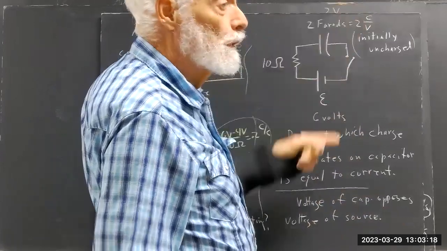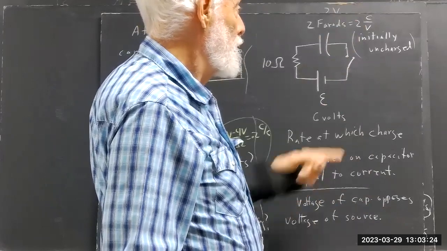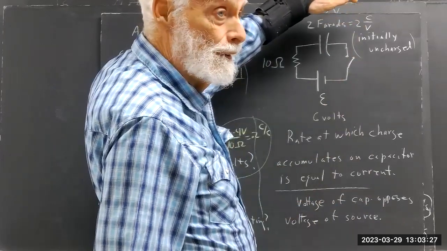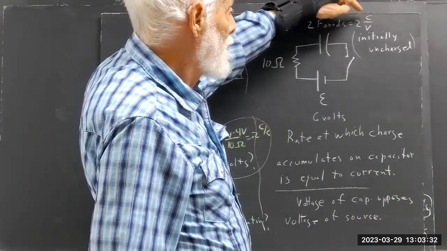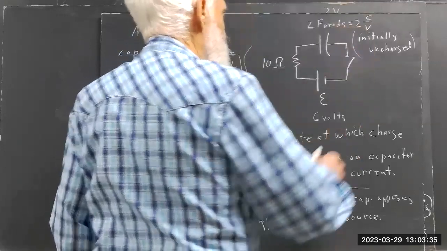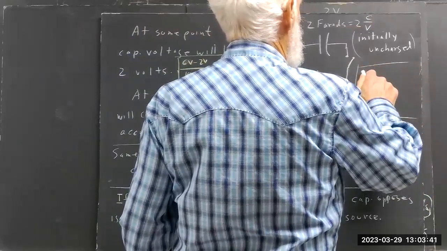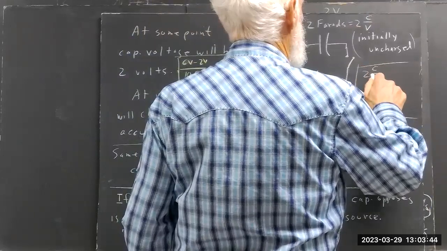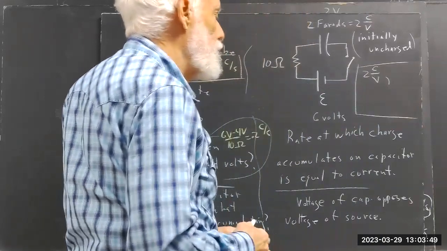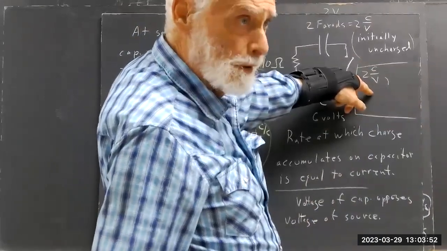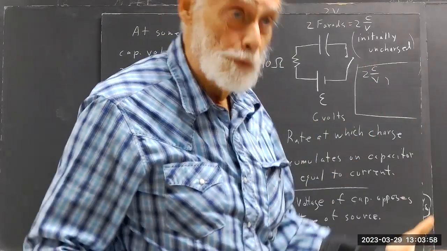Well, if it's 2 coulombs per volt, it means if you have 2 coulombs, you'd have 1 volt, right? 2 coulombs would go with 1 volt. So if you've got 6 coulombs, that would go with 3 volts. That's intuitive.